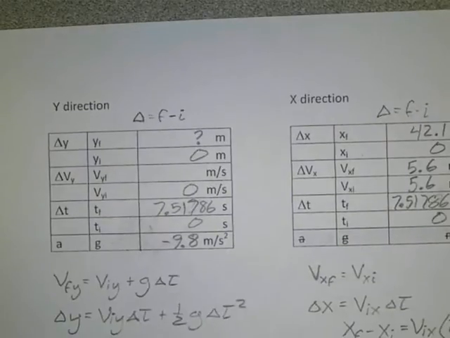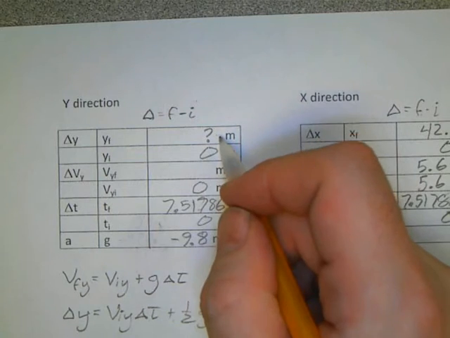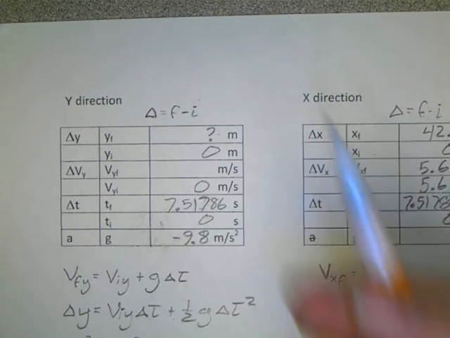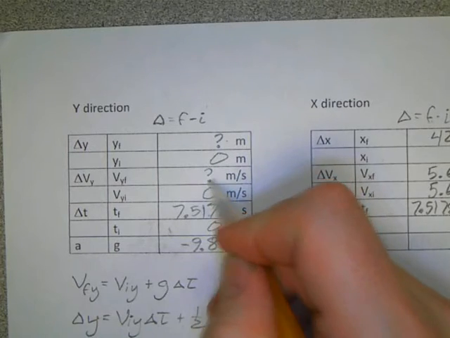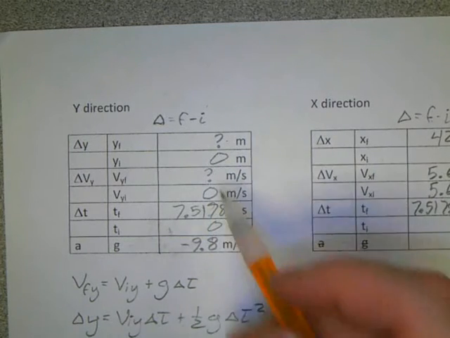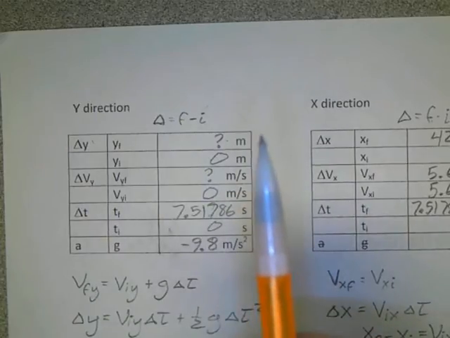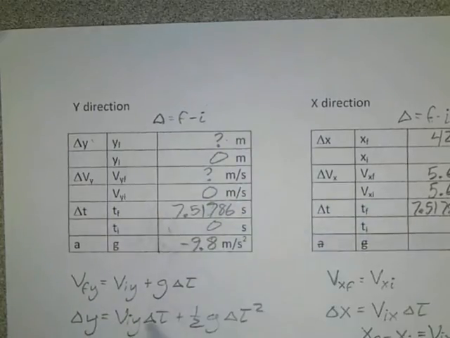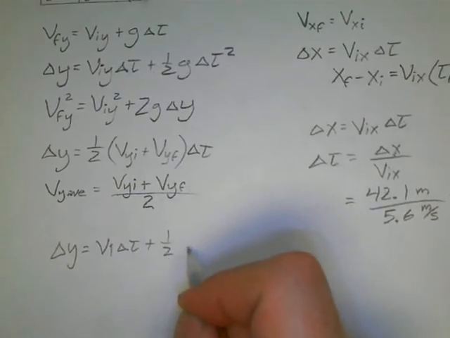And now I can go after what I'm really looking for, which is how far down the cliff the final position, or the delta y. I've got to find something that doesn't have the final velocity in the y direction and still lets me calculate the delta y. So I'm going to choose this one here, I think. Delta y is equal to vi delta t plus 1/2 gravity delta t squared.